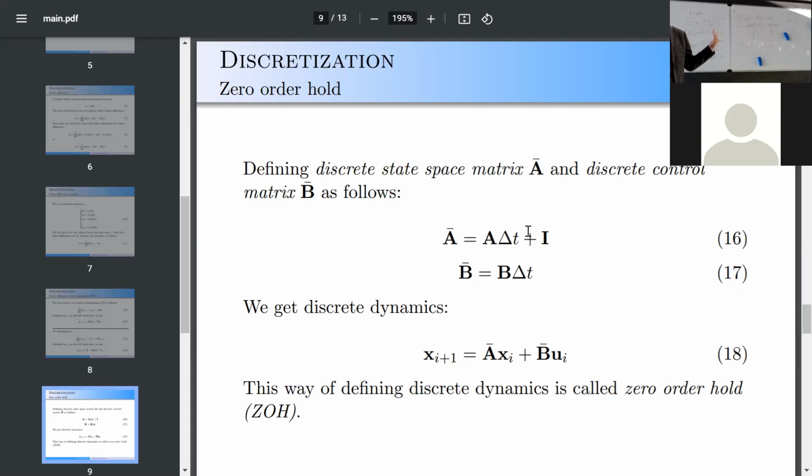Your electronics and computers act discretely. It is very easy to discretize your dynamics, but your control law effectively cannot be made continuous. So going to discrete is easy, going to continuous is actually impossible. So real systems act as discrete systems. That is the first reason to like them.